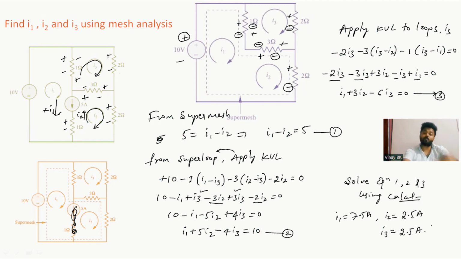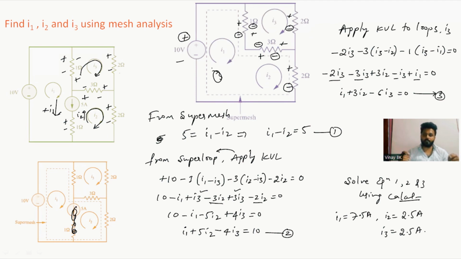After writing the super mesh equation, by removing that super mesh branch and applying KVL, you get the third circuit like this. You can apply KVL here to get one more equation. Then for the independent loop, we apply one more KVL equation. So by solving these three equations, you get the values of the unknown currents I1, I2, I3.